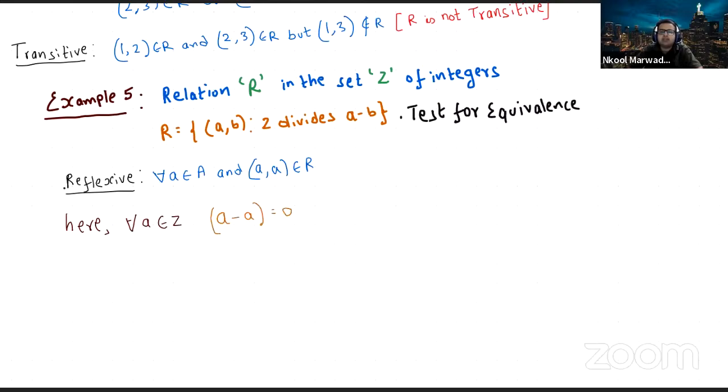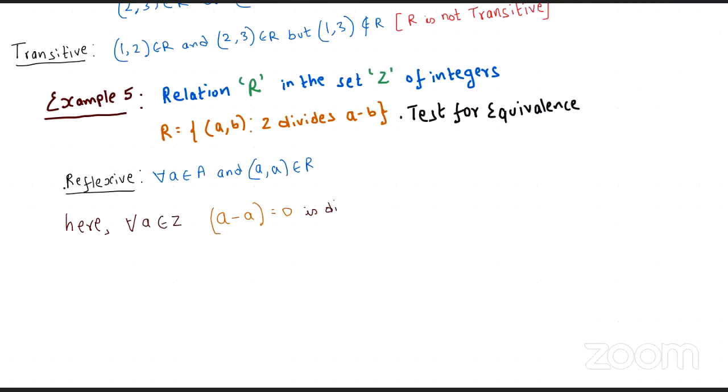And we know that 0 is divisible by all the numbers. All the numbers can divide 0. So A minus A, which is equal to 0, is divisible by 2.